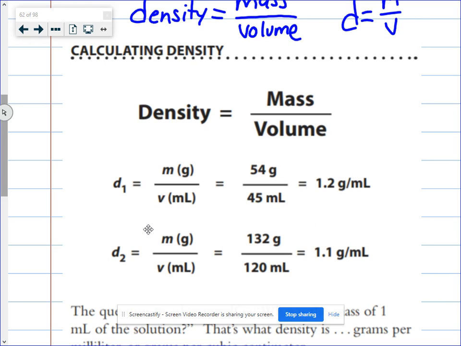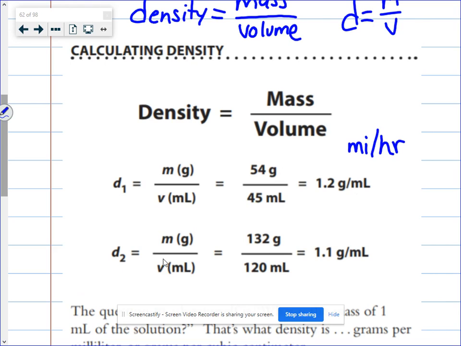You read that like per, like miles per hour, which is written kind of like this. So we read that as grams per milliliter. I have to include both of my units in my answer because they don't cancel. So sample 1 is 1.2.